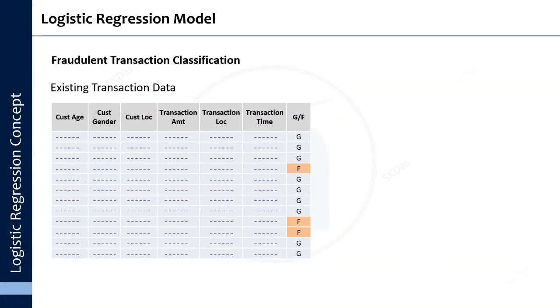Let us delve more into it. Let us take the case of fraudulent transaction classification. Let's say there is an existing data set that recorded features like customer's age, gender, location, transaction amount, transaction location, transaction time, etc. So there could be many more features. And finally, the result, that is whether it is a genuine transaction or a fraudulent transaction.